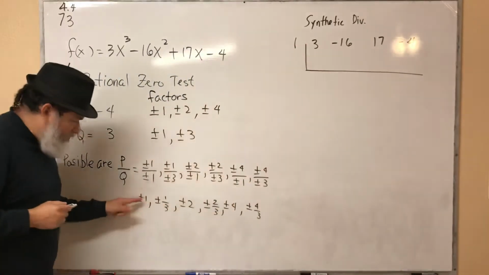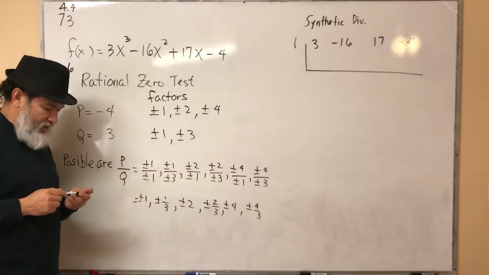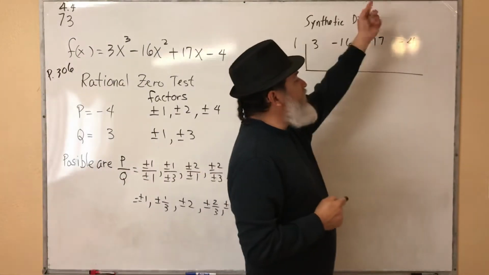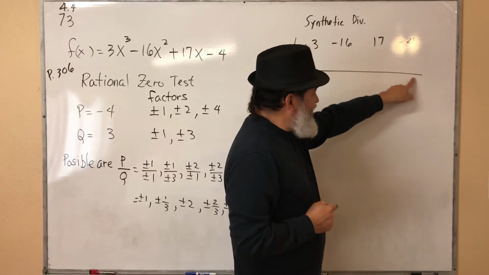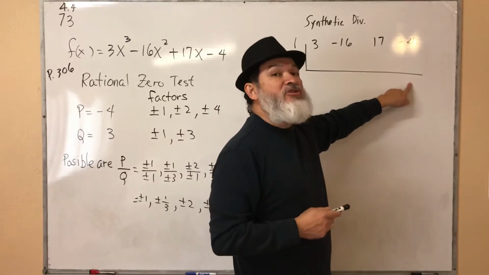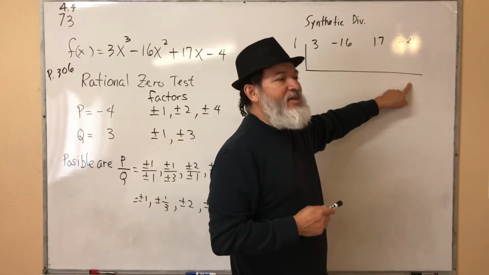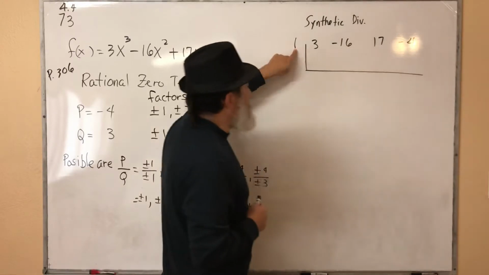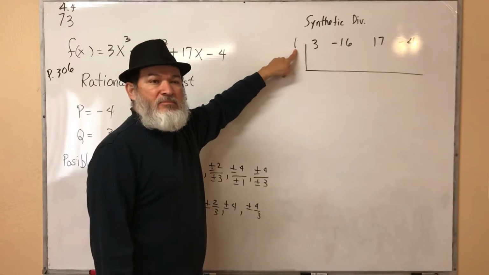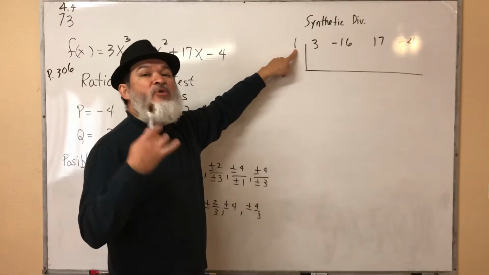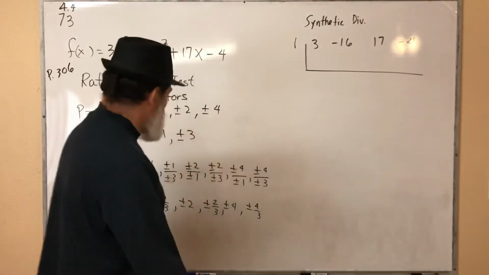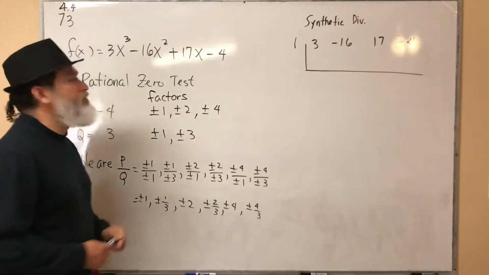I'm trying positive 1 first. Now don't forget, if we get a 0 here, then the remainder is 0. And that means that this number is called an x-intercept. But it's best to call it a real zero. So we're trying 1 first.